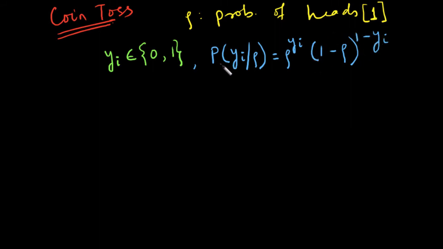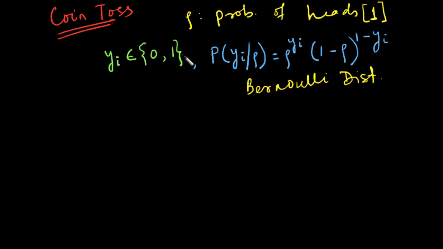What remains is that the probability of 1 given rho is equal to rho, which is exactly what you expect. And this is what is called the Bernoulli distribution.